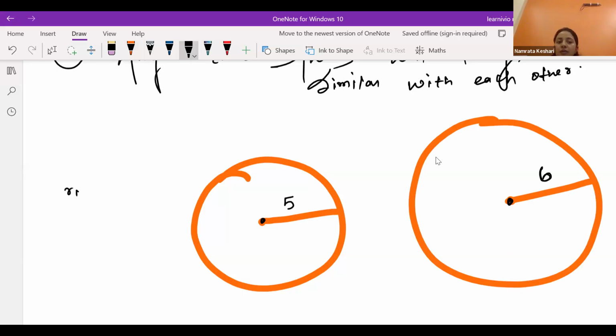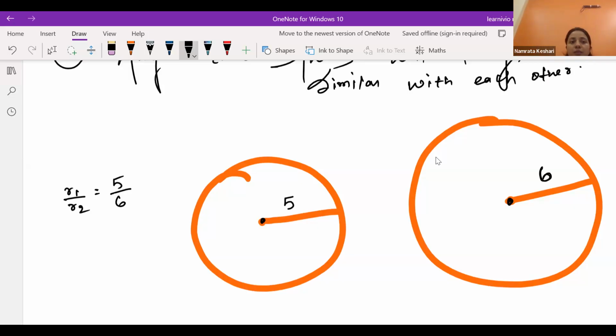R1 by R2 will be 5 by 6. Ma'am, but if one circle's radius is not divisible by another circle's radius, it will not be similar, right? Divisibility, I'm not saying. I'm just saying that the ratio will be the same.